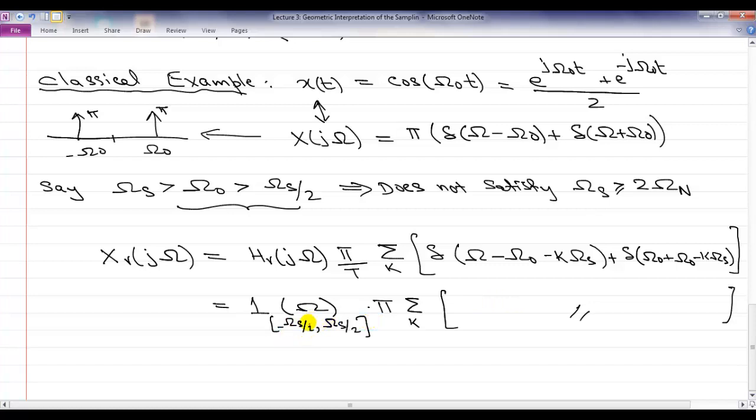Now, what I have to figure out is which of these terms really lie in the region minus ωs by 2 to ωs by 2. Those are the only terms that are going to survive. All the other terms are going to be killed. They are going to be multiplied by 0.